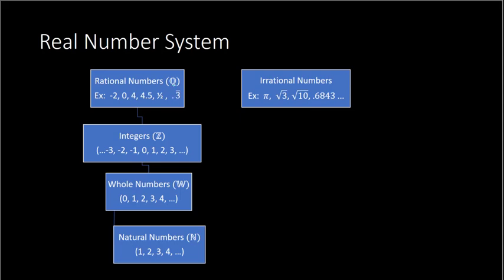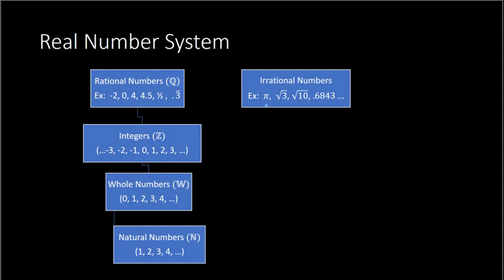Now that is as opposed to irrational numbers, which would include any decimals that keep going on forever and ever and ever and do not repeat. So for example, pi, which is used in geometry, is irrational because it's a decimal that keeps going forever.